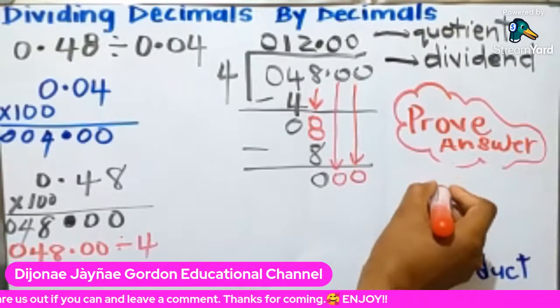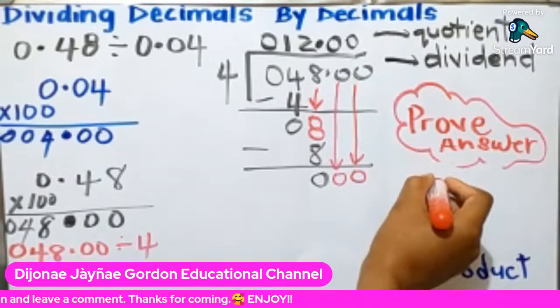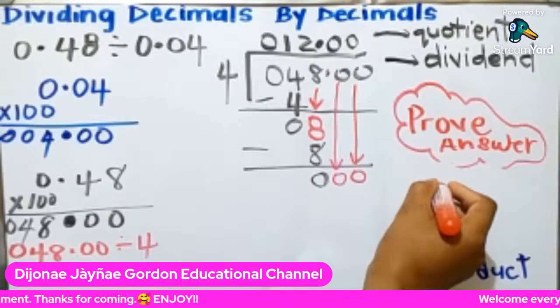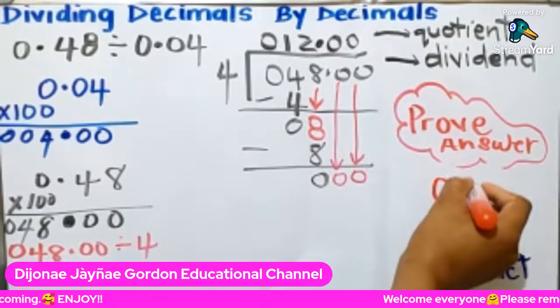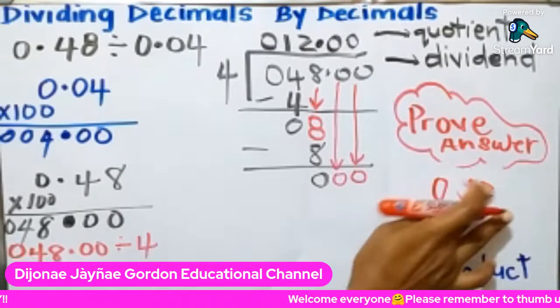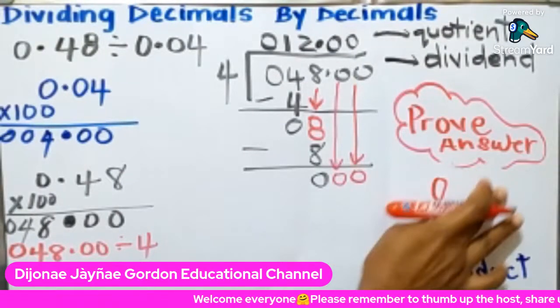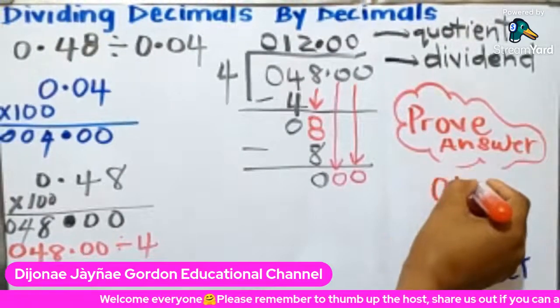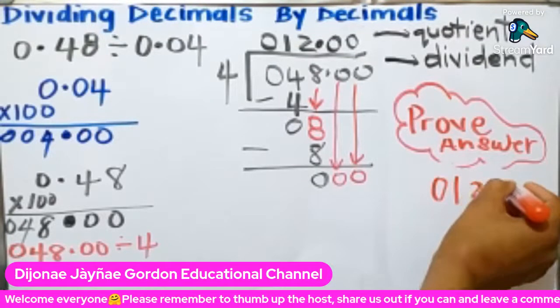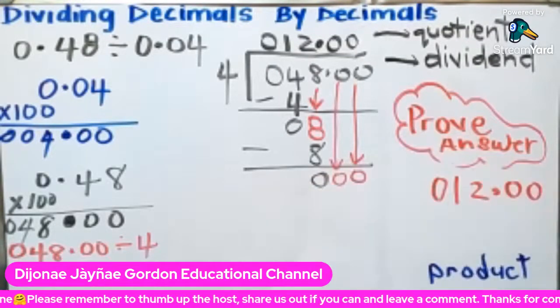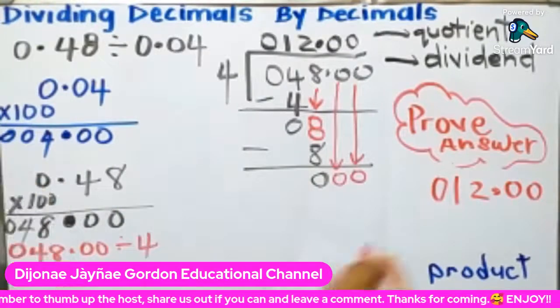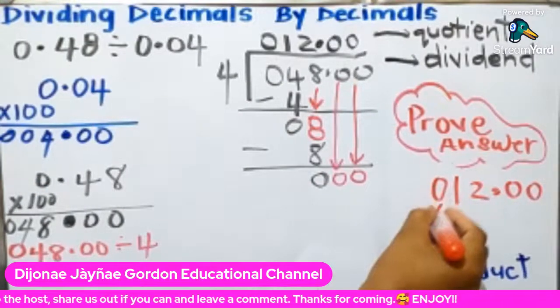So I have 0.12, sorry, I have 0.1200, and of course, we're multiplying by 4.